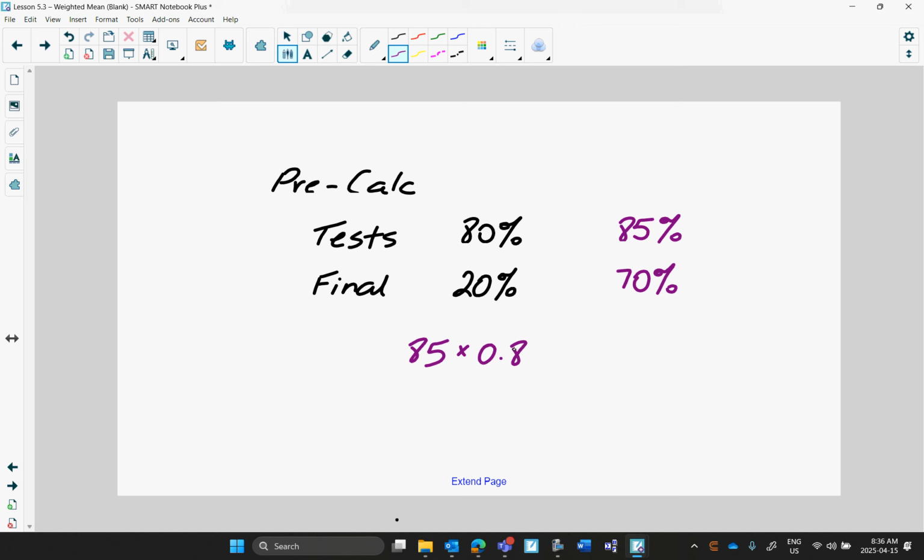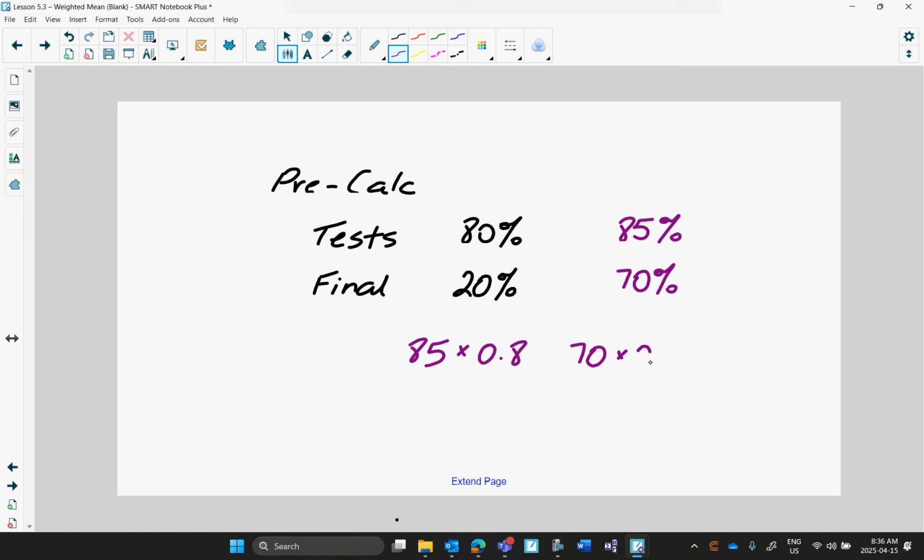That works out to a 68. So that means out of 80 marks for your final mark, you got 68 of it. Okay, so right now you have 68 marks. On the final exam, you got 70, but that's only worth 20%.